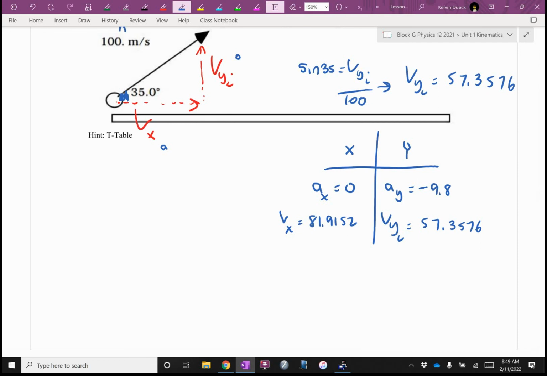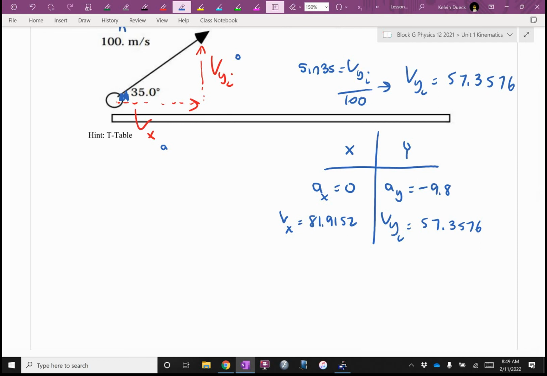What does A want me to find? Keep reading. Time to top. The word top, does that suggest horizontal or vertical to you? Okay, I think I'm already shifting my mind into the vertical column. And so now I'm going to ask, do I know anything at the top? Kai's nodding.